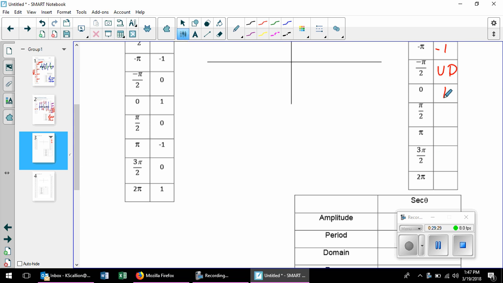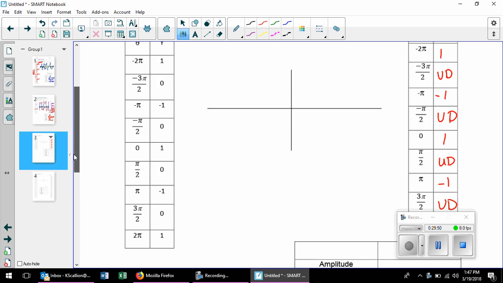This would be 1, this would be undefined, pi would be -1, undefined. You guys know all I'm doing is the reciprocal of those. I know, it's magic.